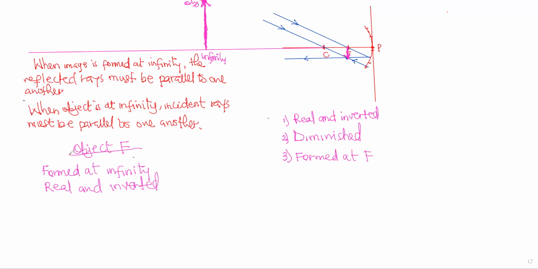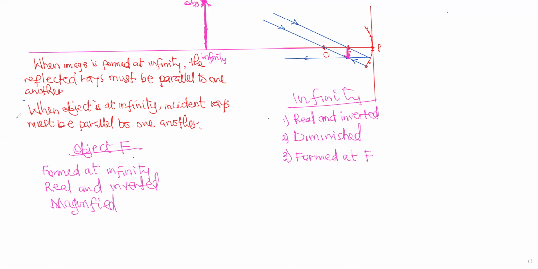And then we saw that it will be magnified. So when you place the object at infinity, it's just the opposite of the same thing. Class, do we understand this? Yes, sir.